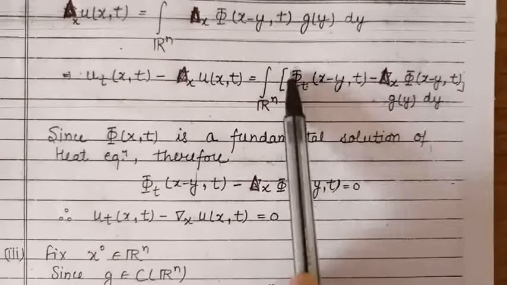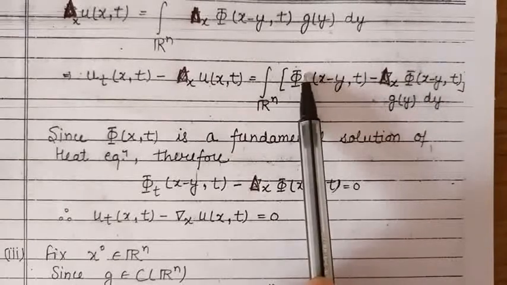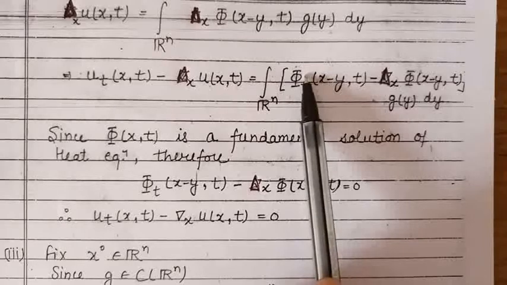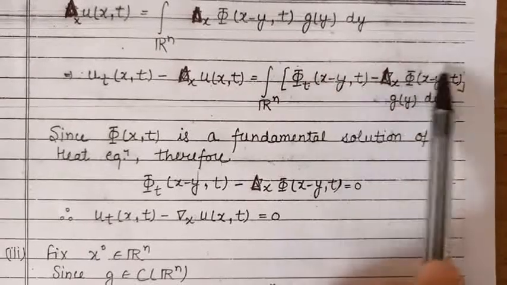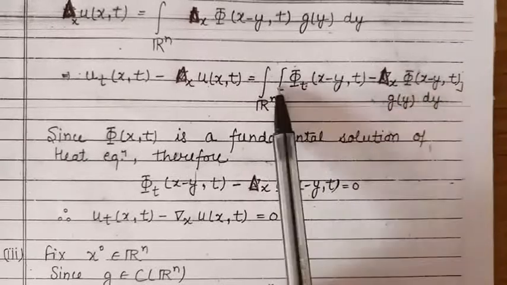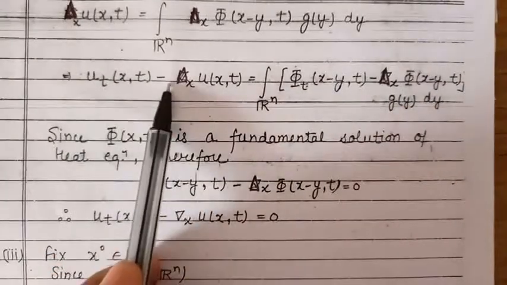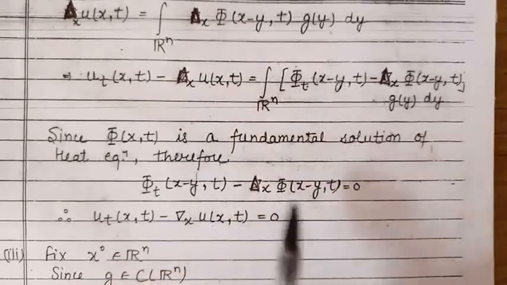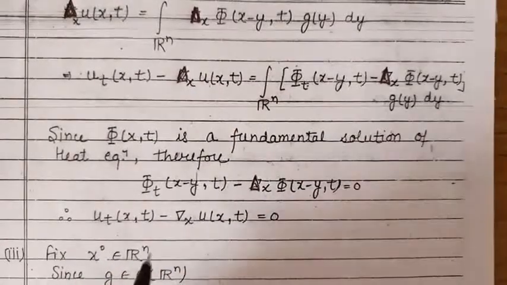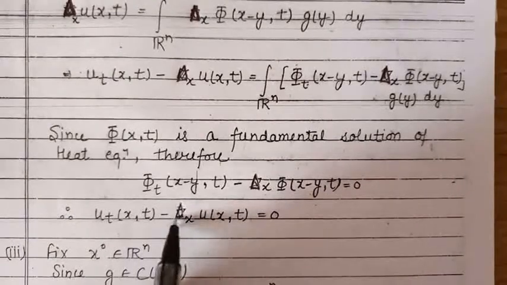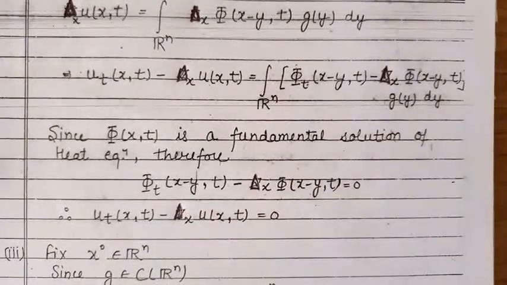Because phi is the fundamental solution of the heat equation, it will satisfy the heat equation, and therefore this expression will become 0, and therefore we can say that ut minus Laplacian of u is equal to 0. So this proves our second part also.